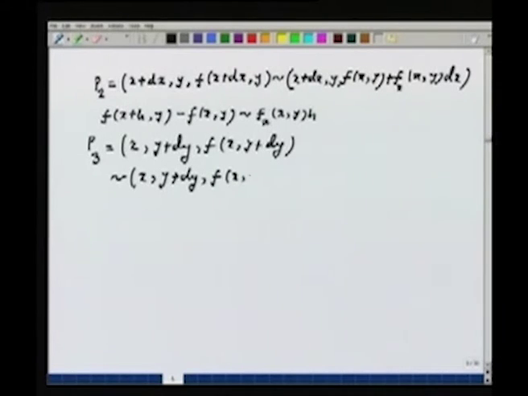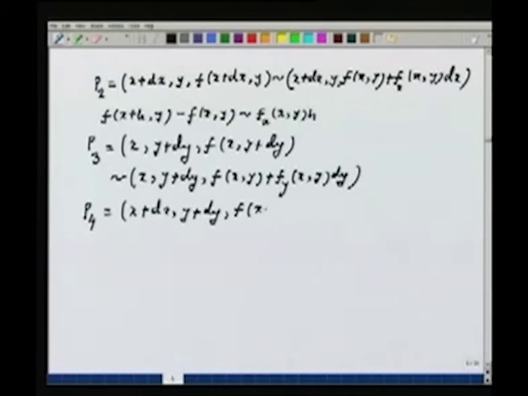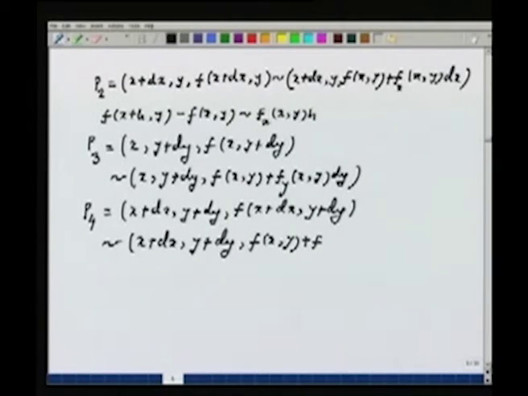Then comes P4, which is (x plus dx, y plus dy, f of (x plus dx, y plus dy)), which is approximately equal to (x plus dx, y plus dy, f(x,y) plus fx at (x, y) dx plus fy at (x, y) dy).